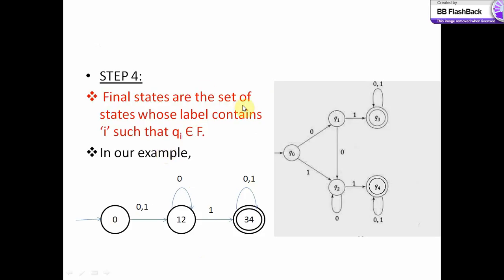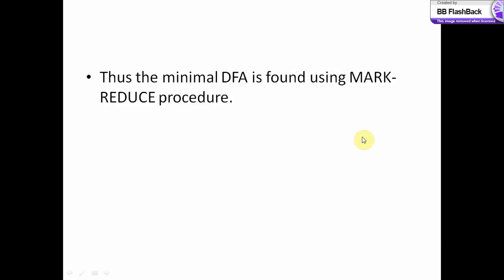The final states are the set of states whose label contains i such that Qi belongs to F. In the actual DFA, Q3 and Q4 were the final states, so whichever state contains the labels 3 and 4 is marked as the final state in this new DFA. By this we have found the reduced DFA for the given DFA. Thus the minimal DFA is found using the mark and reduce procedure.